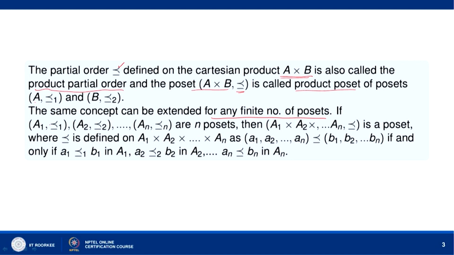If A1 is partially ordered with precedes 1, A2 is partially ordered with precedes 2, and so on up to An, then A1 cross A2 cross An is a poset, where the order is defined as (A1, A2, An) precedes (B1, B2, Bn) if and only if A1 precedes B1 in A1, A2 precedes B2 in A2, and An precedes Bn in An. So, we can easily extend it.